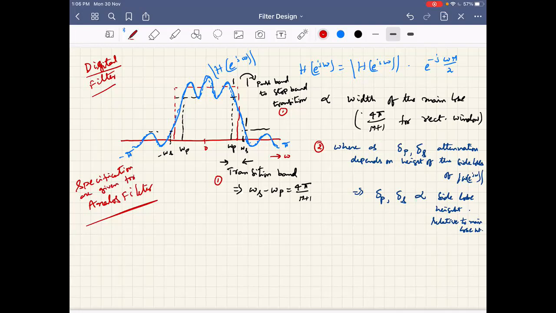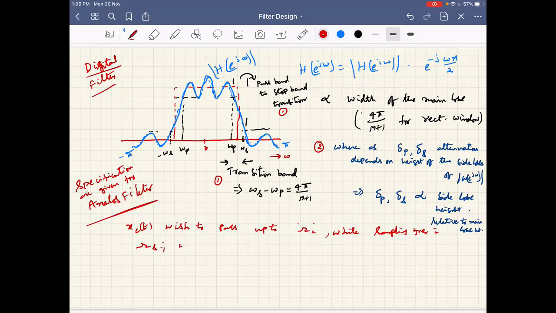For an analog filter, see how do they give the specification? Say in the input signal xc of t, we wish to pass up to omega c, some frequencies, while the sampling frequency is omega s. This is how the problem statement will be.